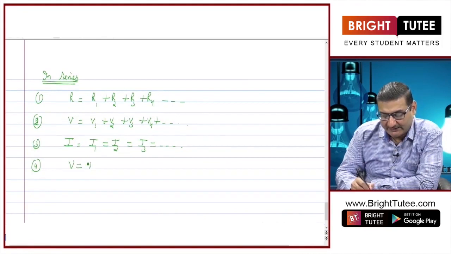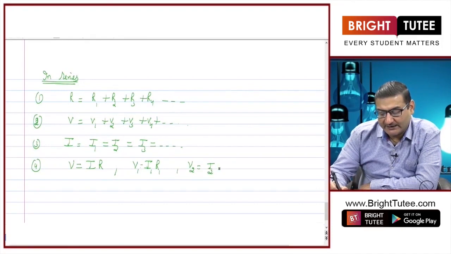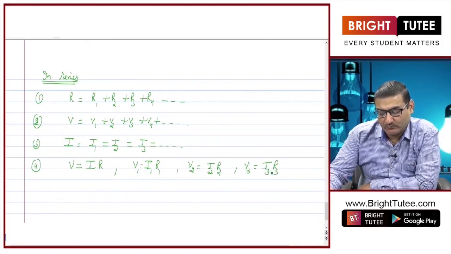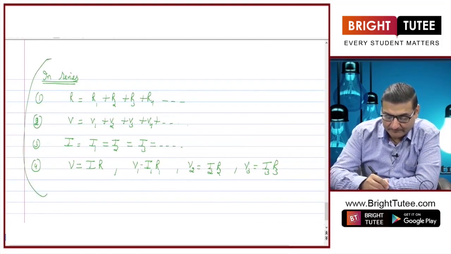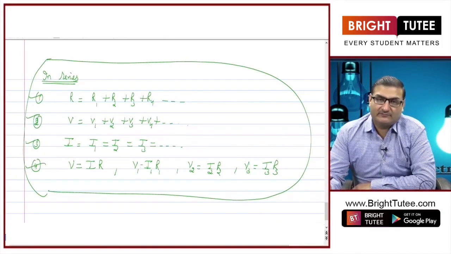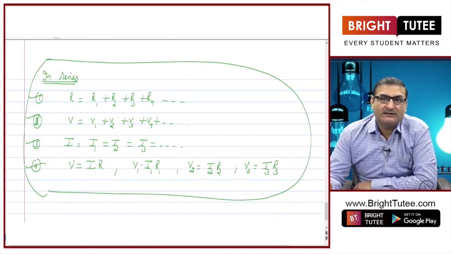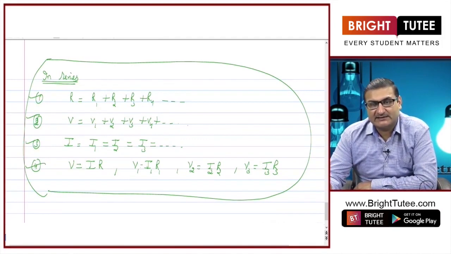And importantly, V is equal to IR, or similarly V1 is equal to I1 into R1, V2 is equal to I2 into R2, and V3 is equal to I3 into R3 and so on. These are the only simple 4 concepts that we are going to use while solving all the questions based on series circuit diagrams, the resistances connected in series.